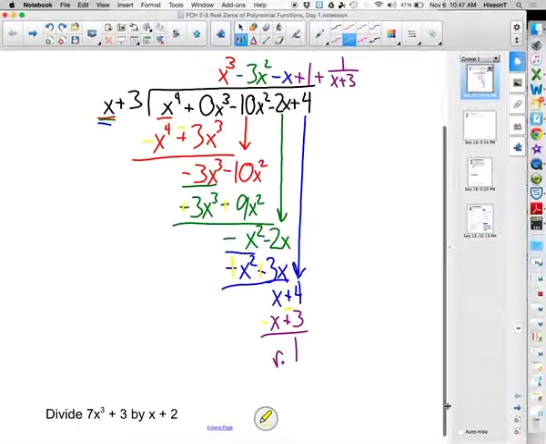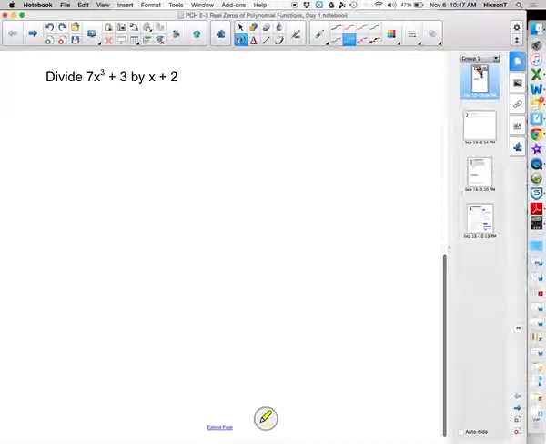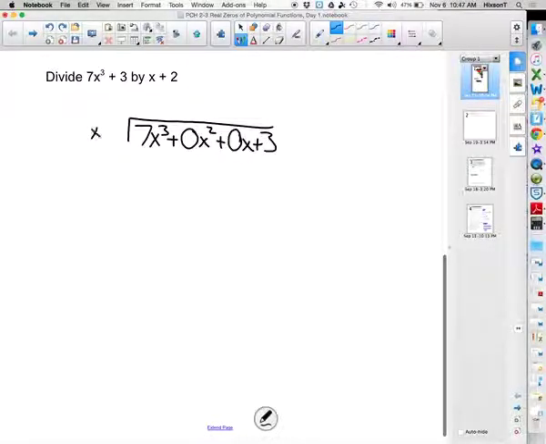So, now that you've seen one and your memory has been jogged a little bit, let's try one. Notice here we're missing a few terms, so we need a couple of placeholders, right? So let's write it out. 7x cubed, we're going to have a 0x squared, a 0x, and a plus 3, and we're dividing this whole thing by x plus 2, okay?